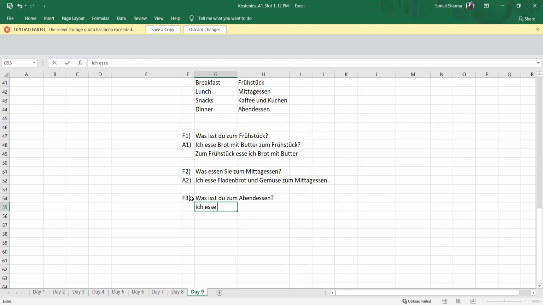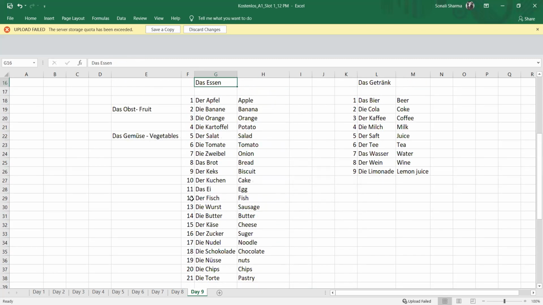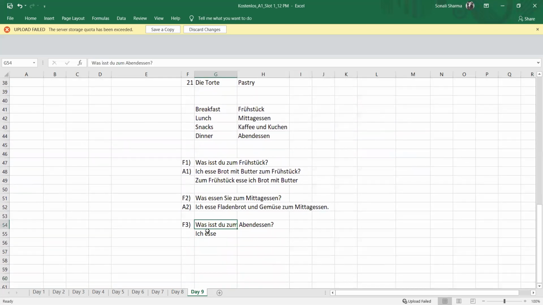Ich esse. Let's take something else here. Ich esse Fisch und Wurst. Suppose you eat non-veg at night, in your dinner.